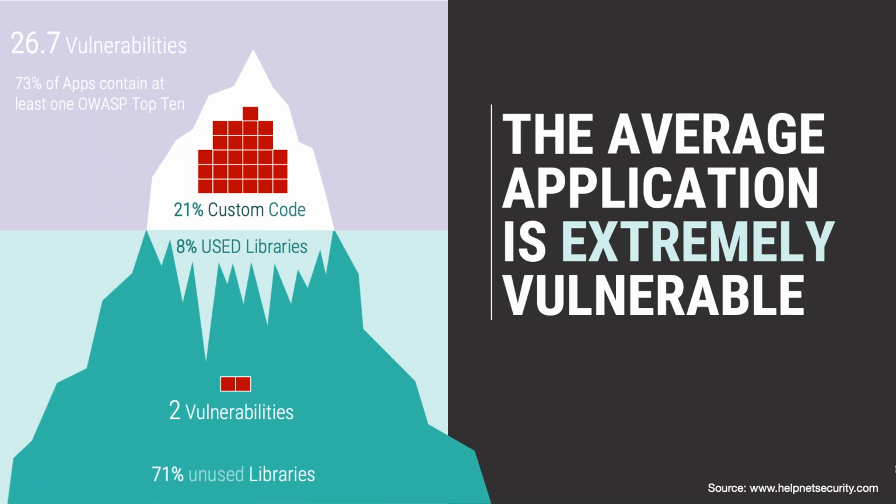So you have to be able to focus on those areas, both on the custom code and in the libraries where those vulnerabilities actually lie. If you can do that, you've already gone very far towards accelerating the efficiency and optimization of application security.